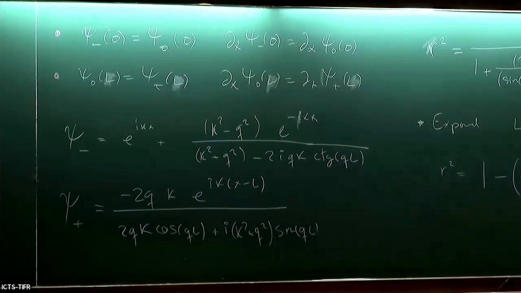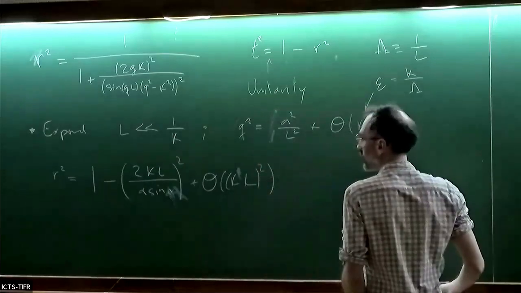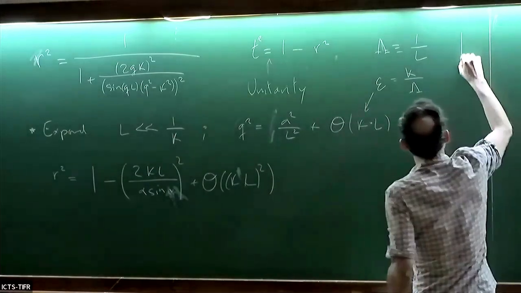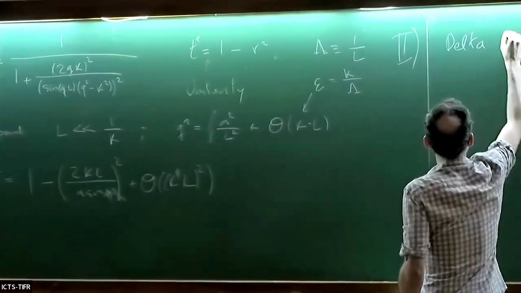So now we'll do it over again with a different potential. That was 1, this is 2. Now with a delta function potential.